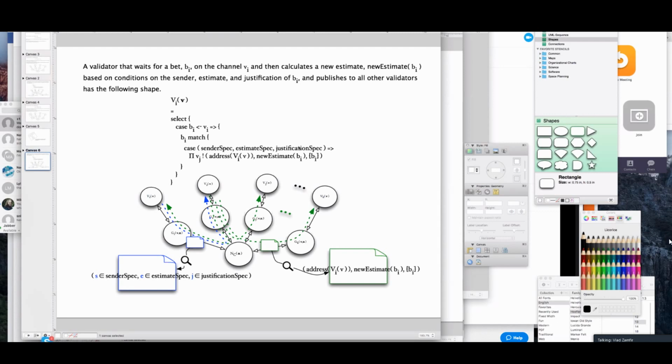But basically, I just hope that it's clear that what we're doing here is describing all the faulty behaviors, and looking at all the faulty executions of the program.